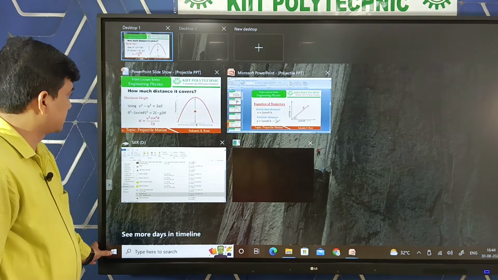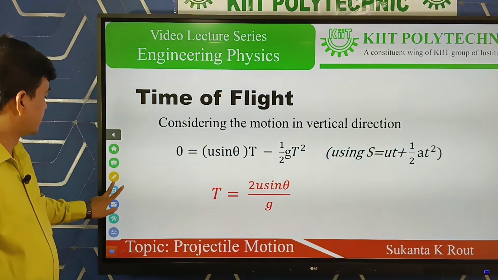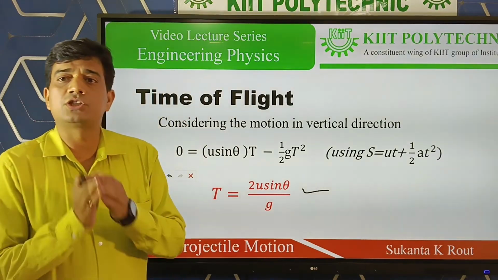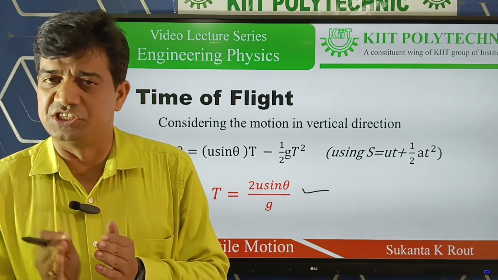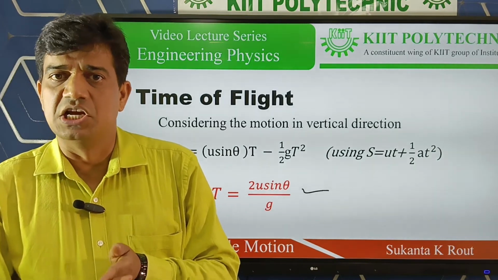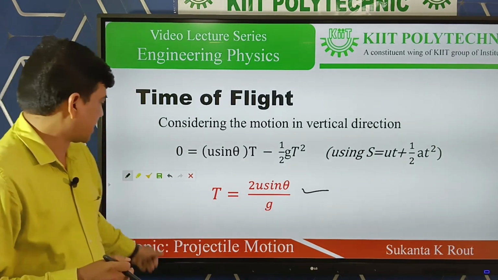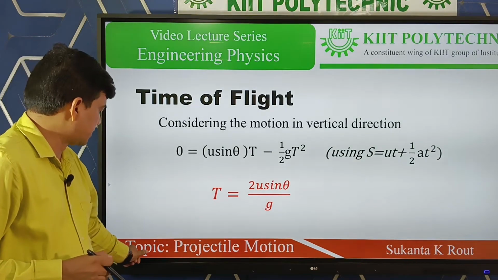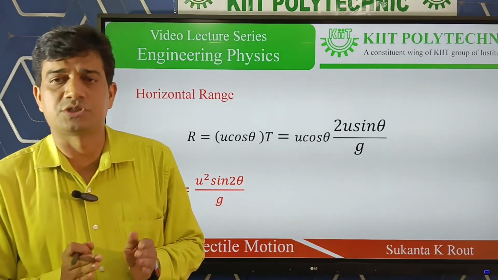So these three expressions: one is time of flight, T equal to 2u sine theta by g. Another is maximum height, or the vertical distance covered by the projectile, H equal to u square sine square theta by 2g. And another is horizontal range, or the horizontal distance covered by the projectile, R equal to u square sine 2 theta by g. All of you should remember these three expressions.